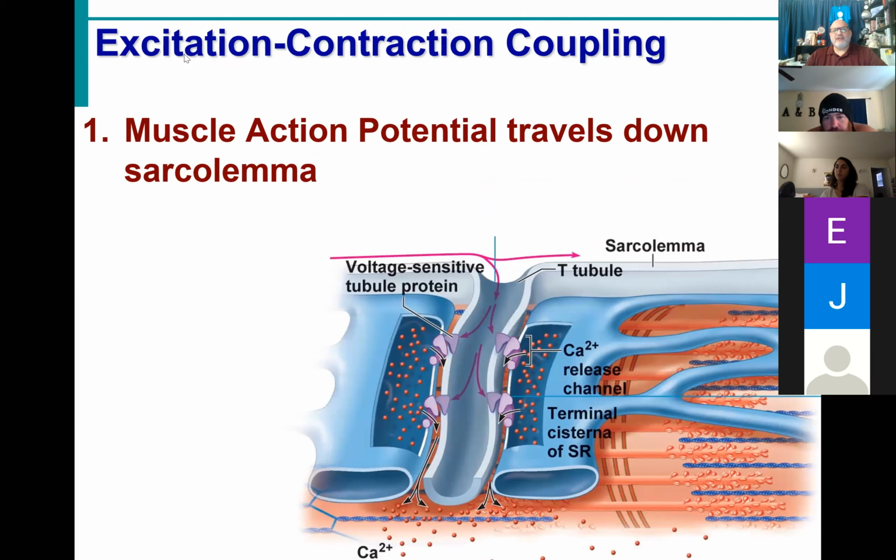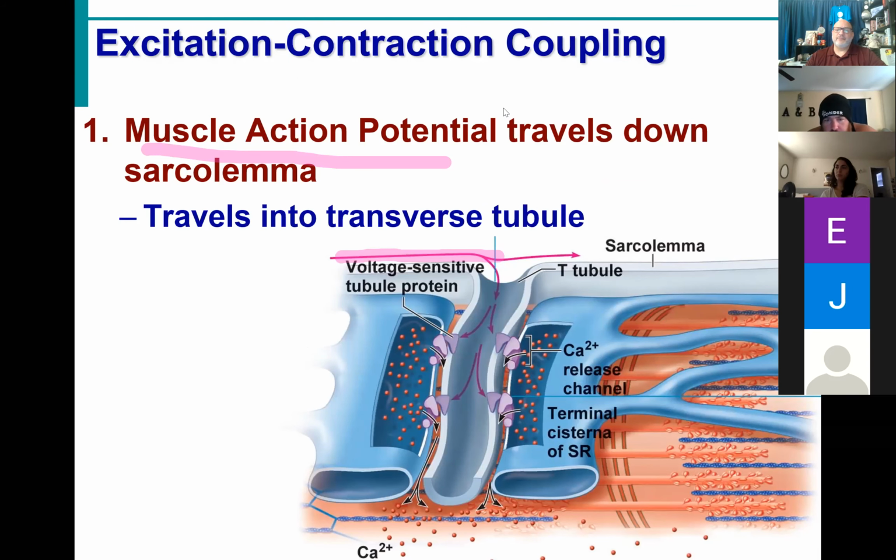So again, remember, excitation contraction coupling begins where communication at the neuromuscular junction ends, and that is we've produced a muscle action potential and it is traveling down the sarcolemma. And because the sarcolemma folds down into the muscle cell, that muscle action potential spreads down the transverse tubule as well.